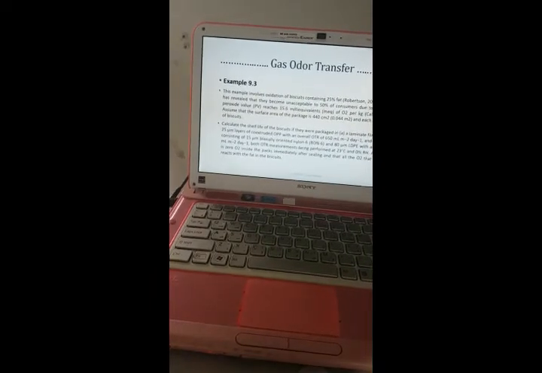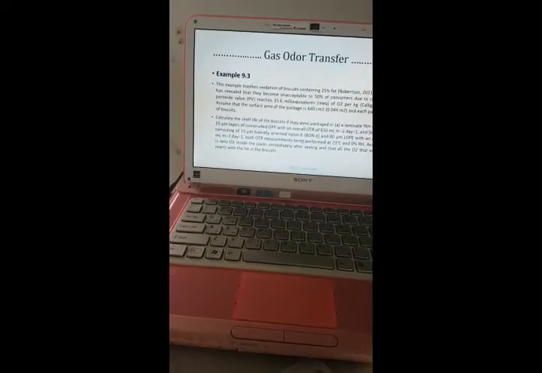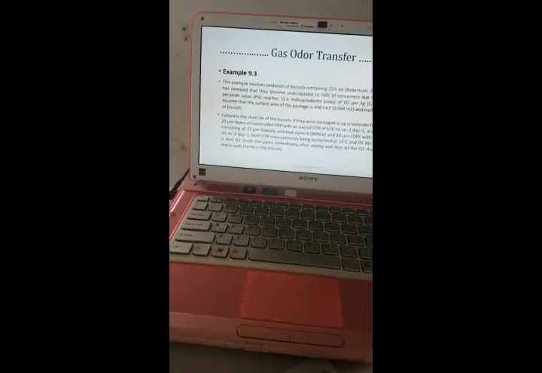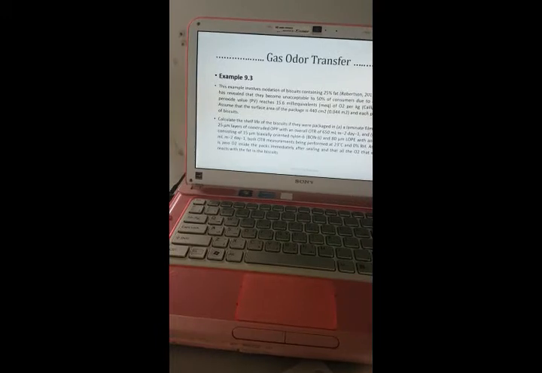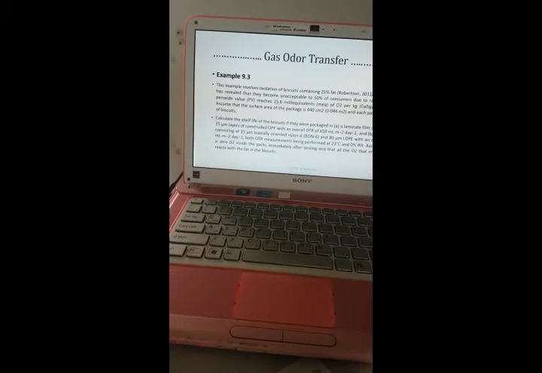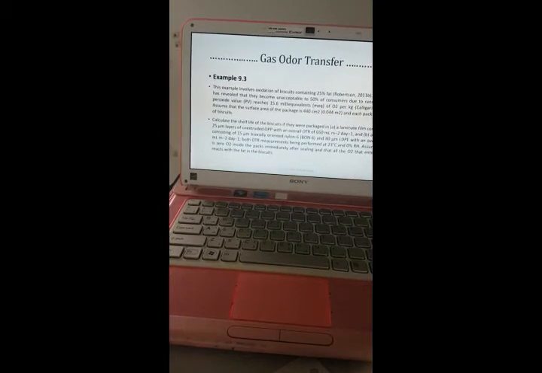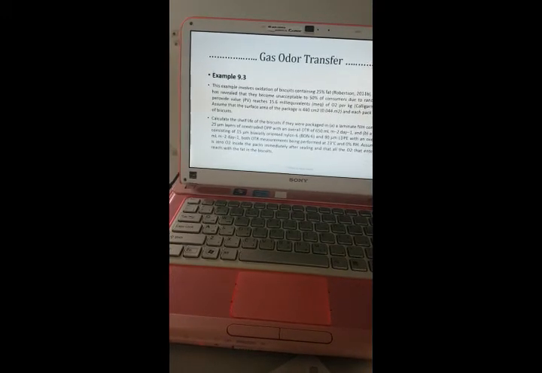If they are packed in a laminate film consisting of two 25 micrometer layers, co-extruded OPP, with an overall oxygen transmission rate of 650 milliliter per meter squared per day.